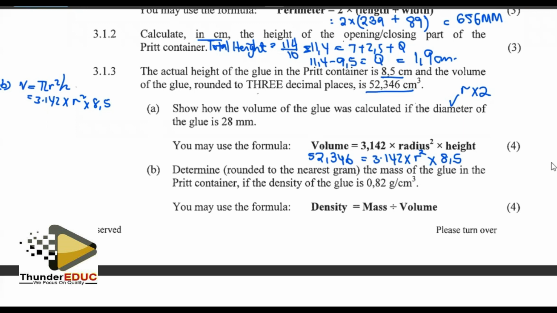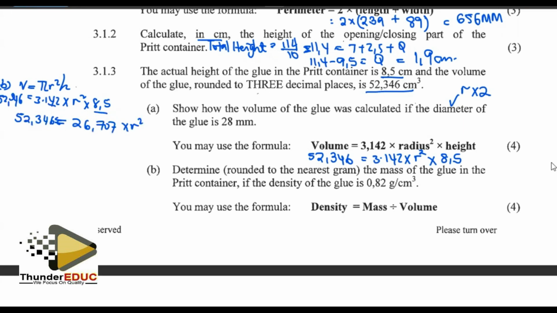The volume was given to us as 52,346. So 52,346 equals, when you multiply the pi and this number here with the height, 26,70 times the r squared, because the r is missing.